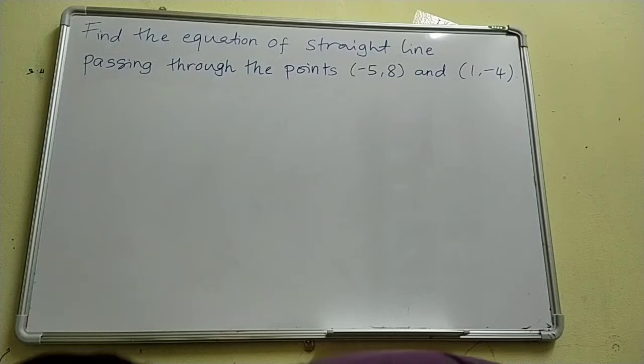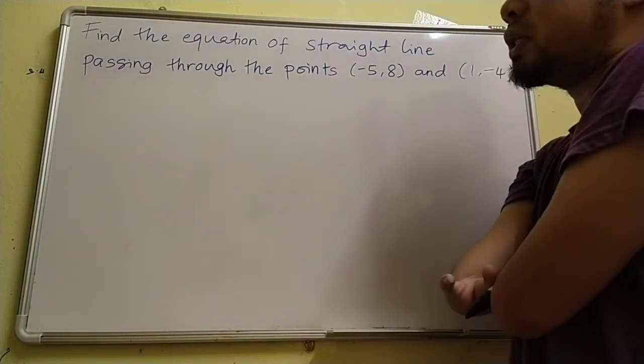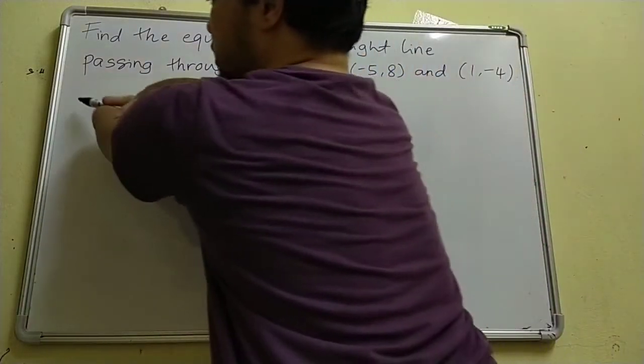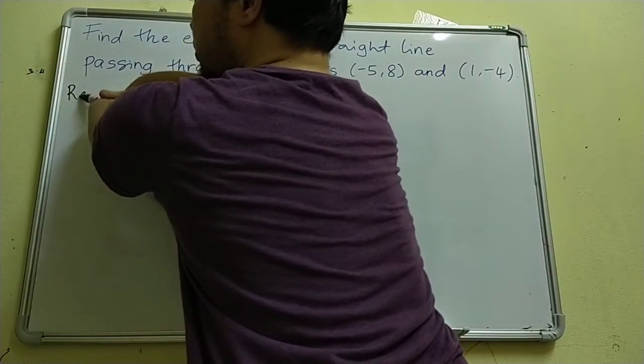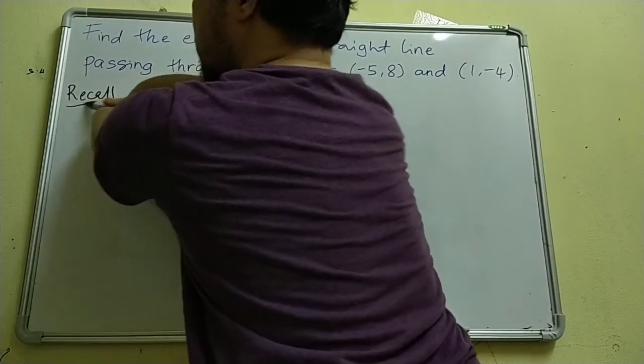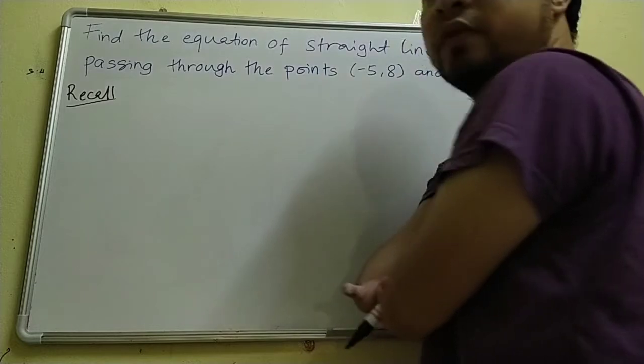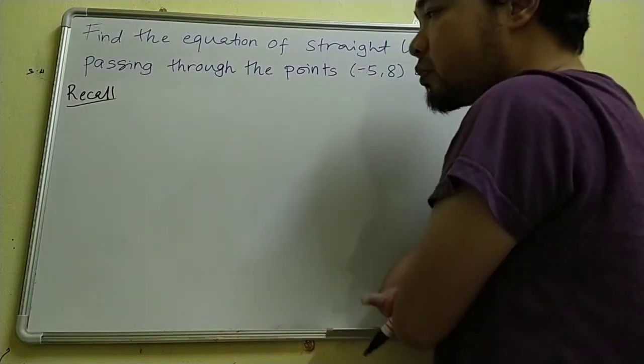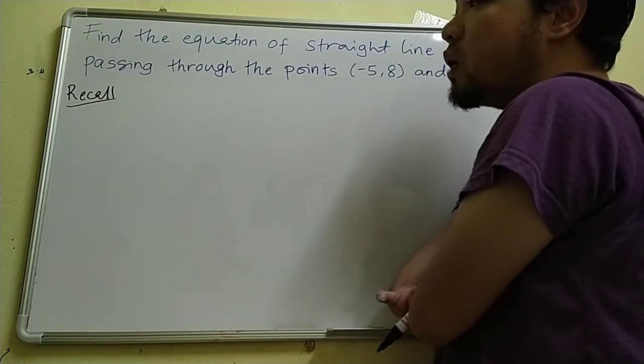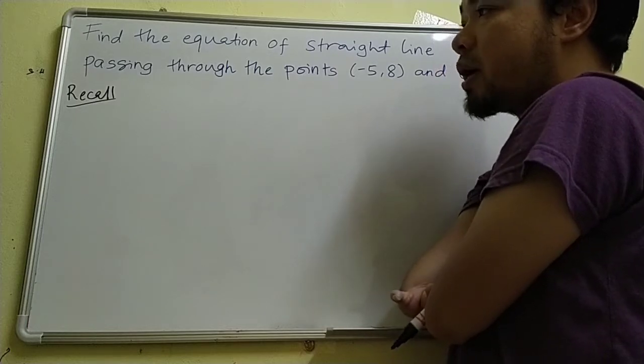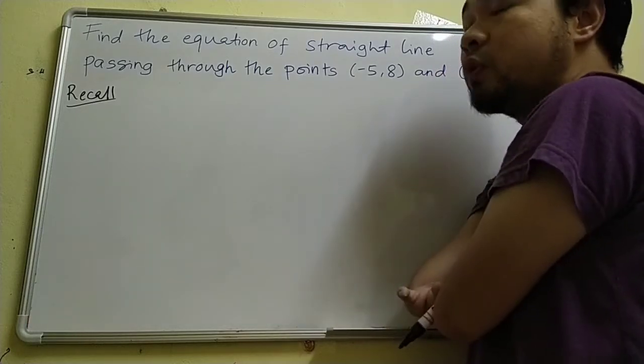Before I show you the alternative way, let's see our previous class, where I showed you the video on how to use y = mx + c. Let's have a quick recall first.